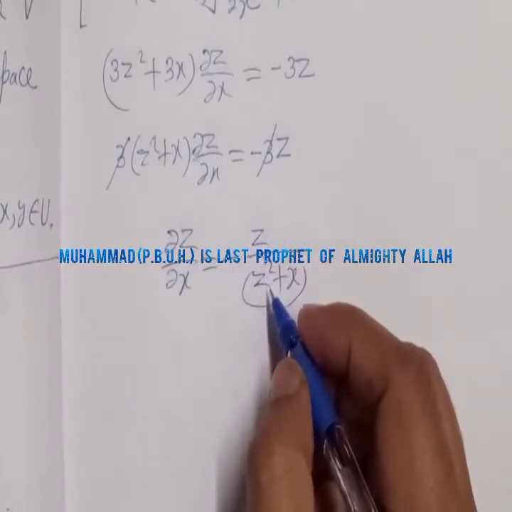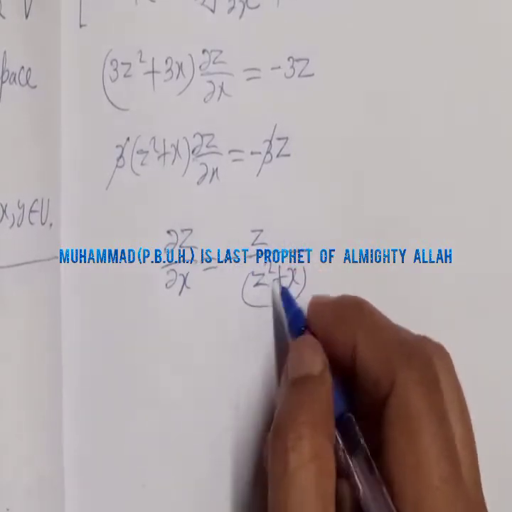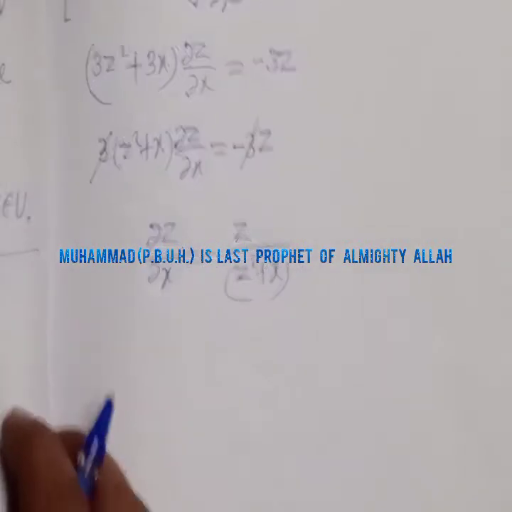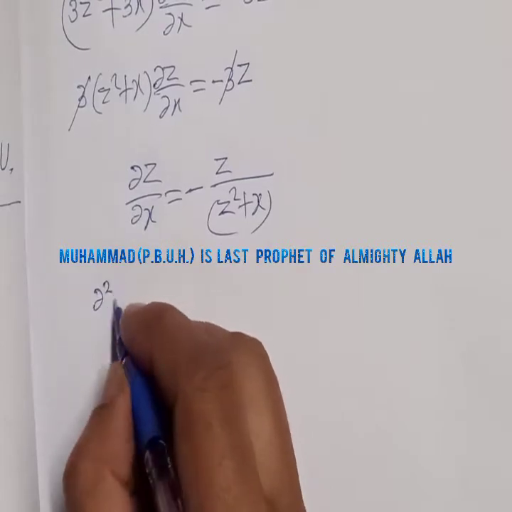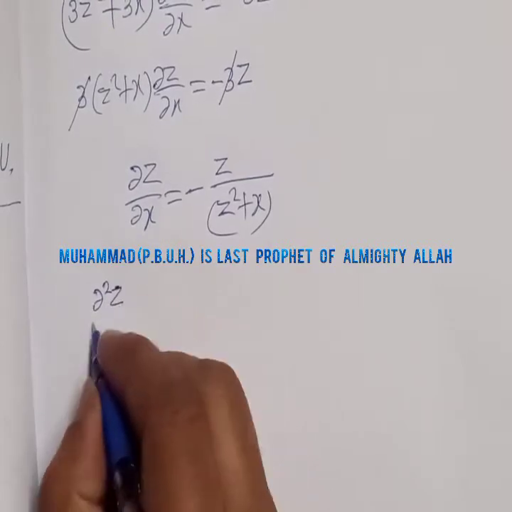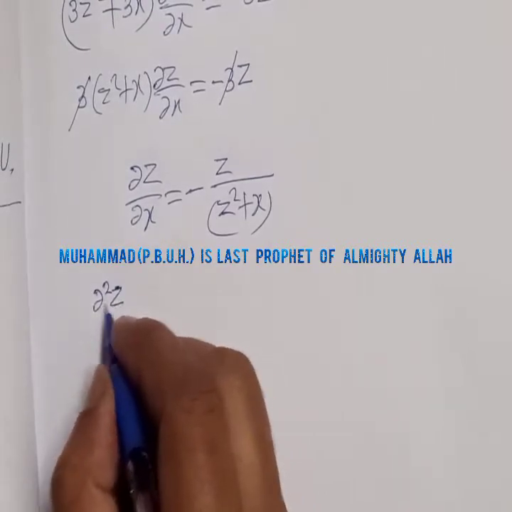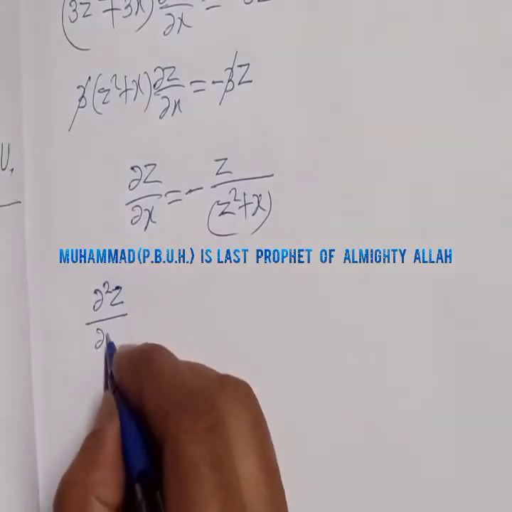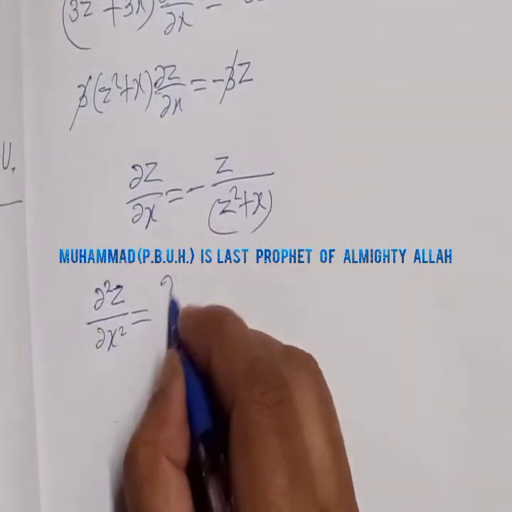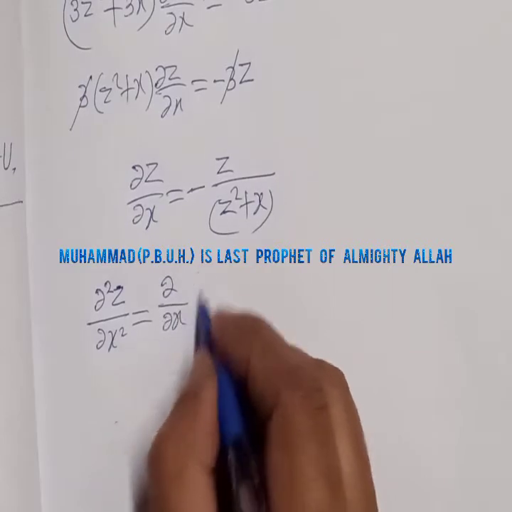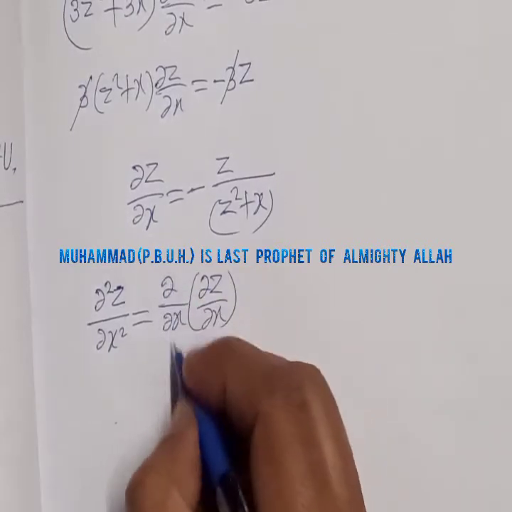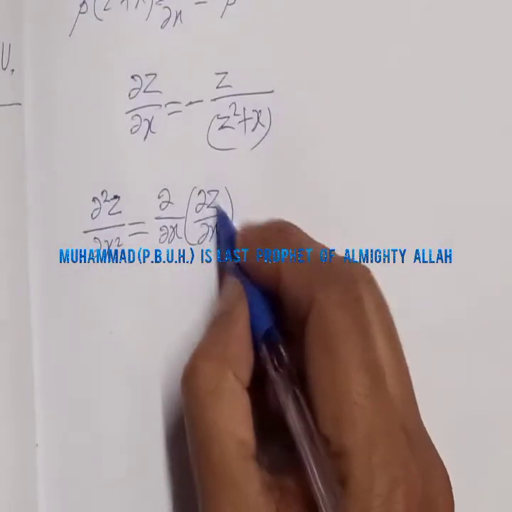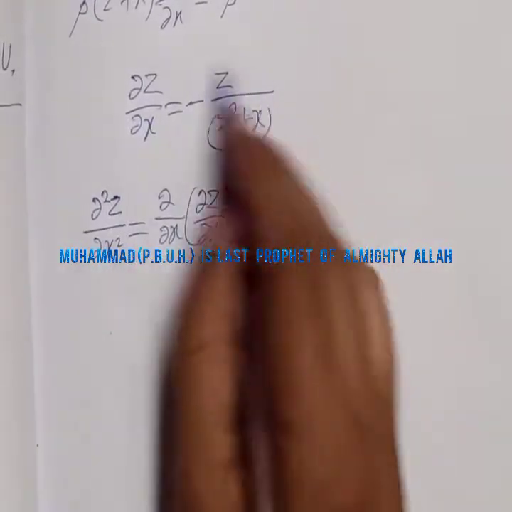After it we will find the value which we use in proving the given equation. So I find del 2z over del x square, which is nothing but differentiation of del z over del x with respect to x partially, but this value we have found here.